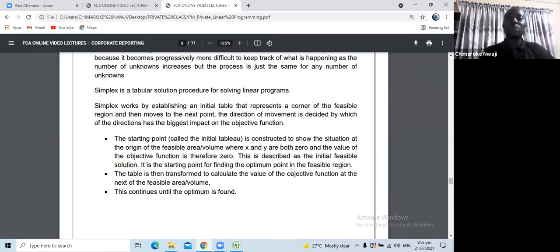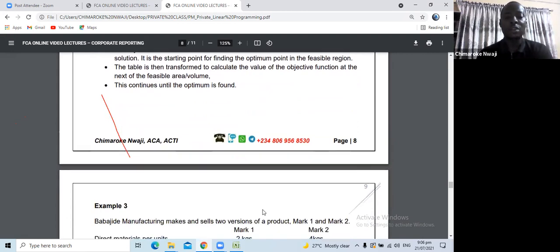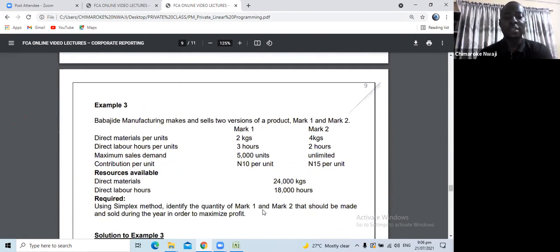So by the time you draw a new table, it means you have moved from O to point A. You are testing point A. You draw another table, and you are testing point B. You draw another table and now test point C, until the optimal solution is found. All right, so let's see how we can do that.